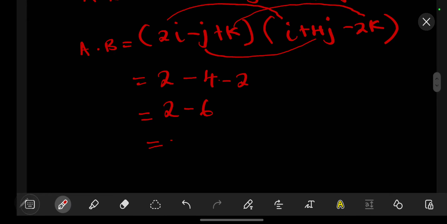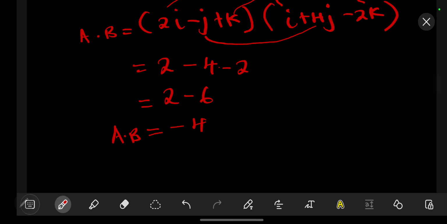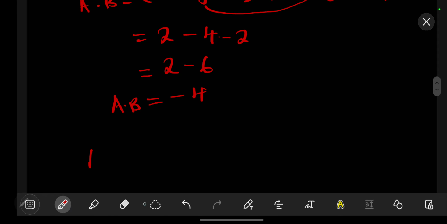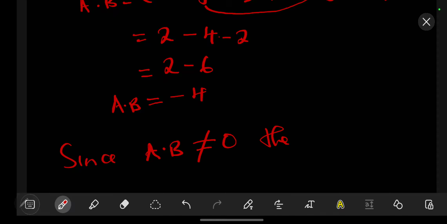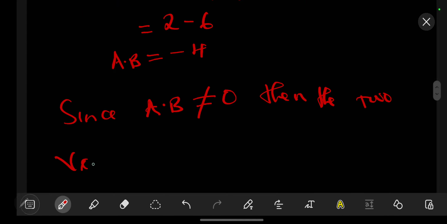So 2 minus 6 gives us negative 4. So this is what our a dot b is. Since our a dot b is not equal to 0, then the two vectors are not perpendicular.